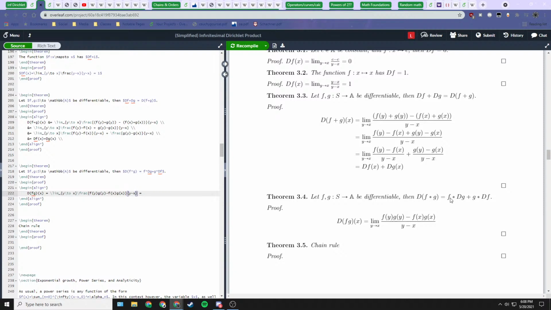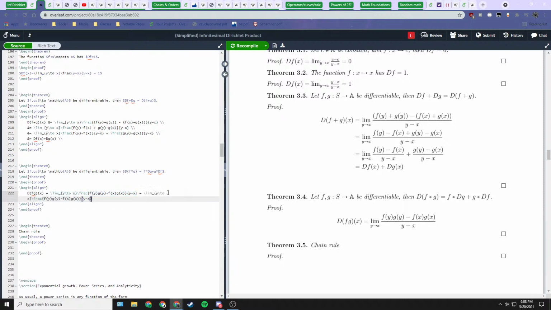So first we'll try to tease out this first term, f times d of g. In order to do that, we'll want something like adding and subtracting f of y, g of x, or something like that.